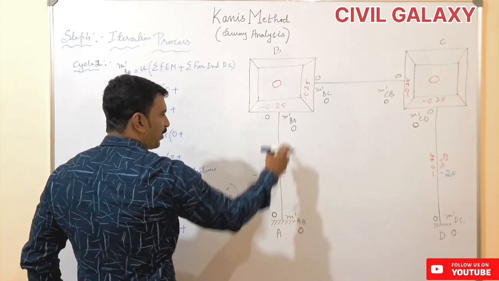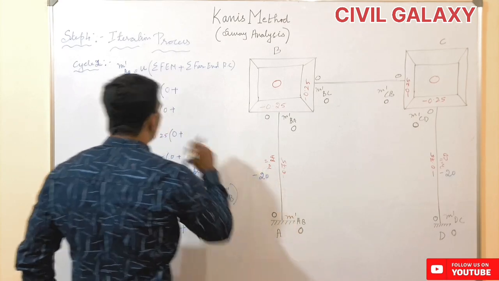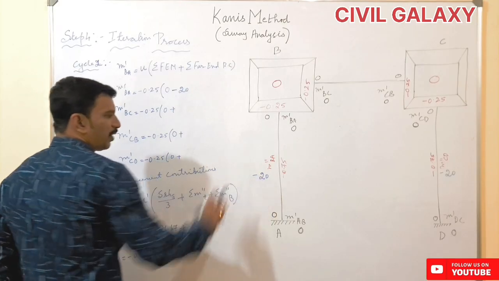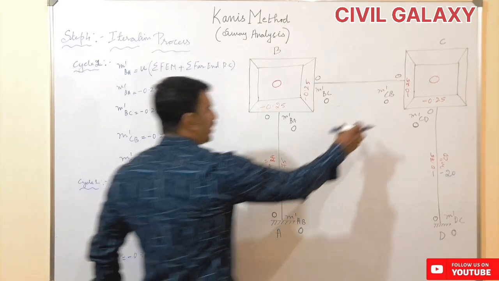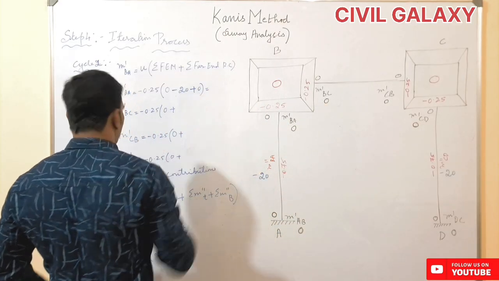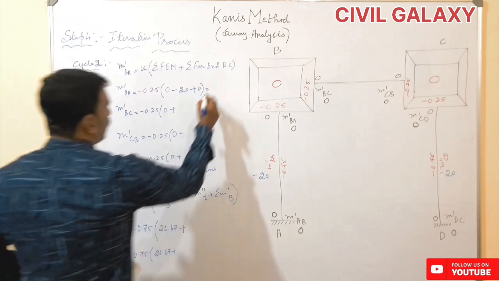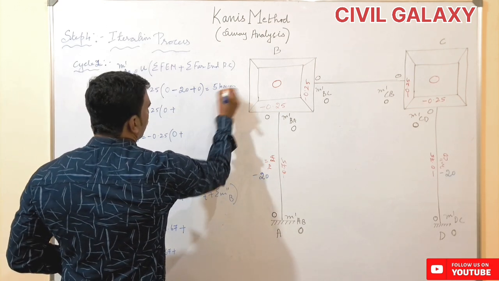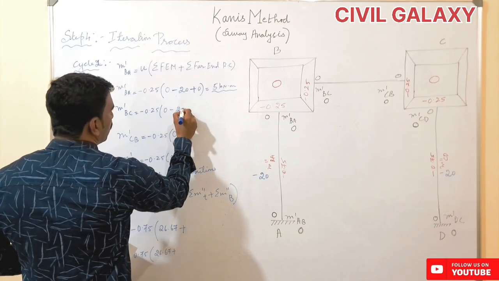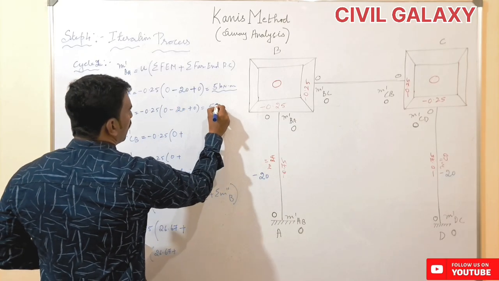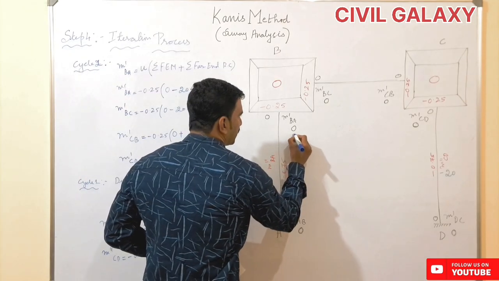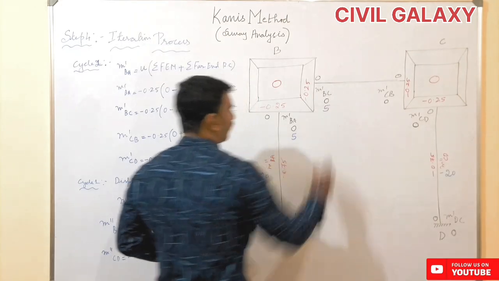Here we have got a new iteration value, minus 20, but the far end rotation contribution is still the same. So this will give a value of 5 kilonewton meters. Similarly here also, minus 20 plus 0, this will be equal to 5 kilonewton meters. So we add this value over here, that is 5, and here also it is 5.